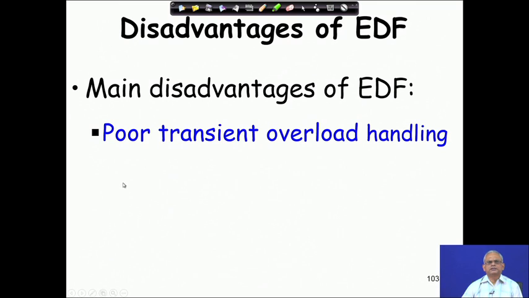The first disadvantage goes by the name poor transient overload handling. What it means is that if, due to some reason, a task takes more time to execute, maybe it took a longer path in the code, maybe it was waiting for some condition which did not occur, maybe it went into an infinite loop, in those cases of transient overload, it is not known which task will miss the deadline.